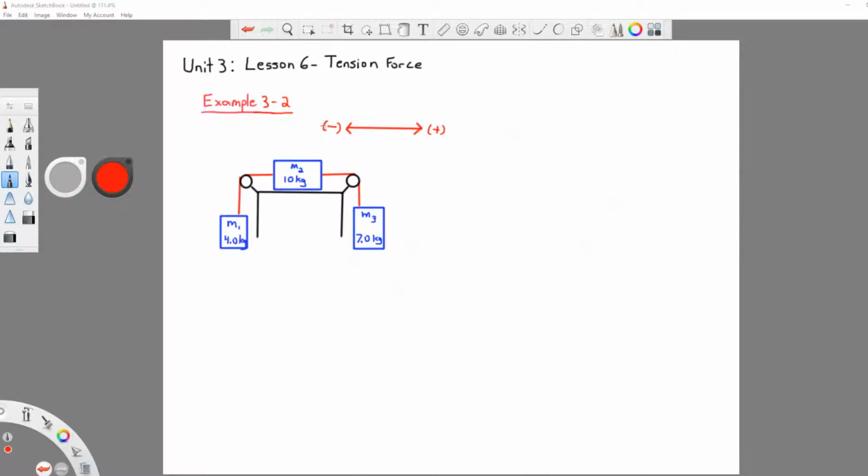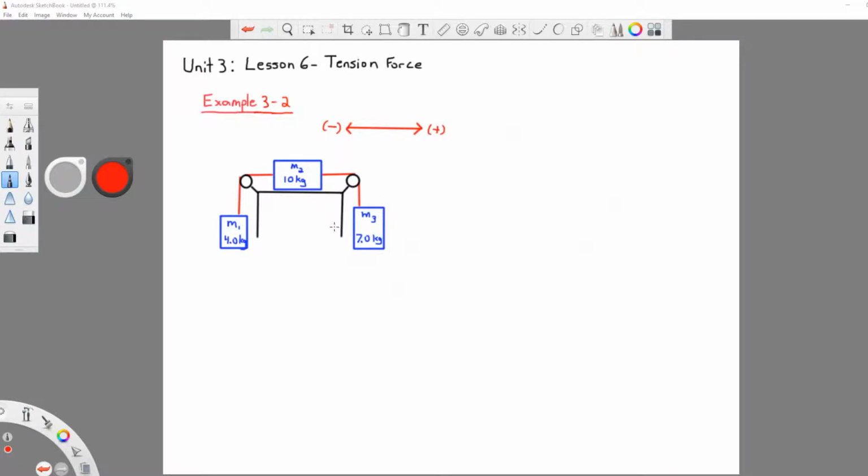The question though is, what's the acceleration on the system? We can see right away that this is going to be pulled to the right. The question is, at what rate is it going to be increasing its speed?